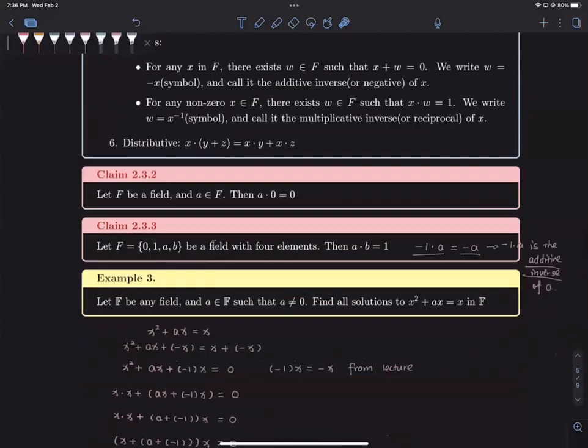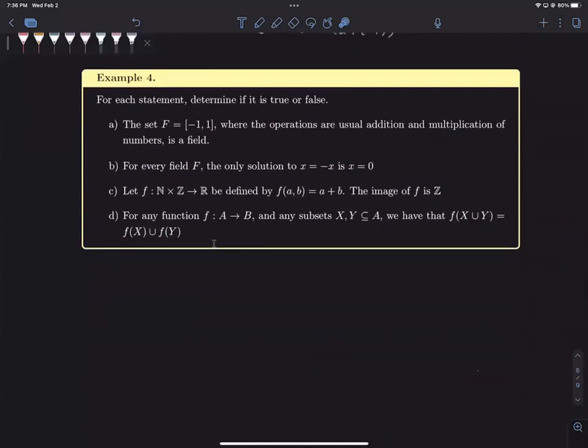Okay, move on to this. Let's read it together. The set F is the interval from -1 to 1, where the operations are your usual addition and multiplication of numbers. Is it a field? So they're asking you if this is a field. True or false? False. Why is it false?